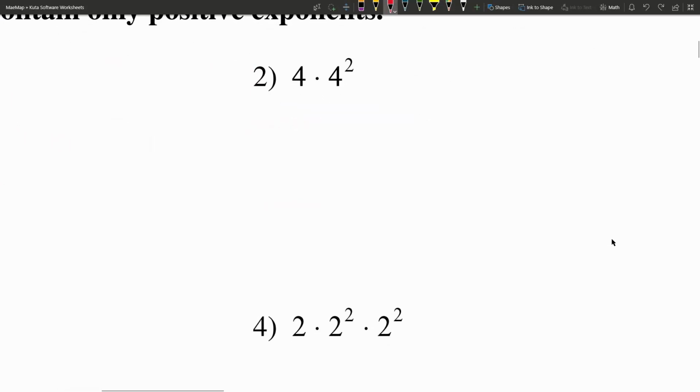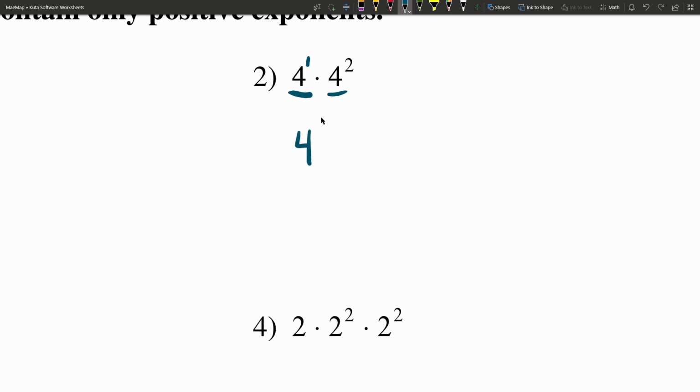In number 2, we have 4 times 4 squared. Do we have the same base? Yes, we do. 4 is technically a base because what's the exponent of 4? That's 4 raised to the 1st power. 4 raised to the 1st power is 4. So I have 4 to the 1st times 4 squared.